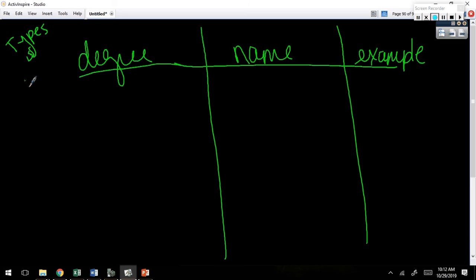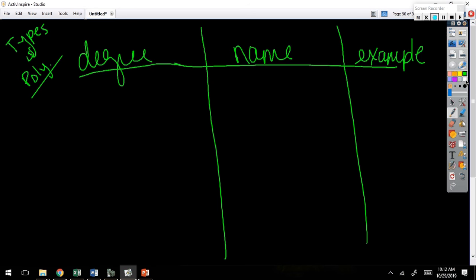Types of polynomials. If I have a degree of 0, what does that mean exactly? A degree of 0? That's exact. So if x is to the 0, that's a 1, right?